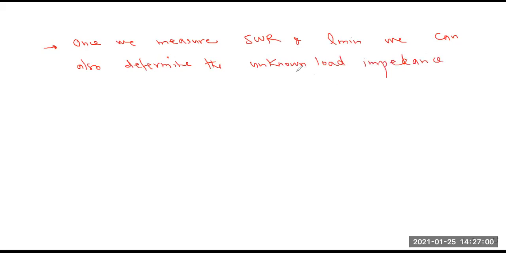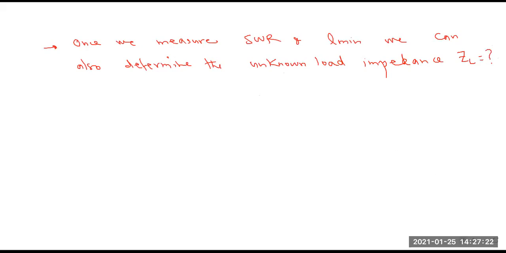So there is one lab that we will perform after university opens, and that is we will have some load impedance, but we will not know what is the value of that impedance. So ZL will be unknown. So what we will do, we will make use of slotted waveguide.